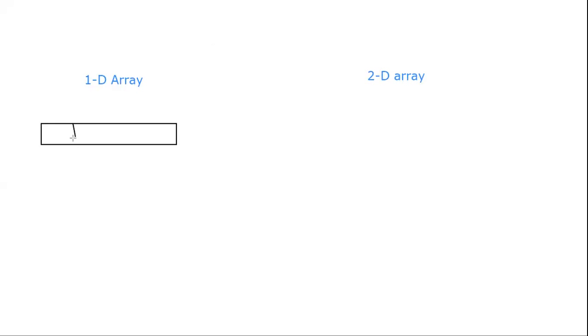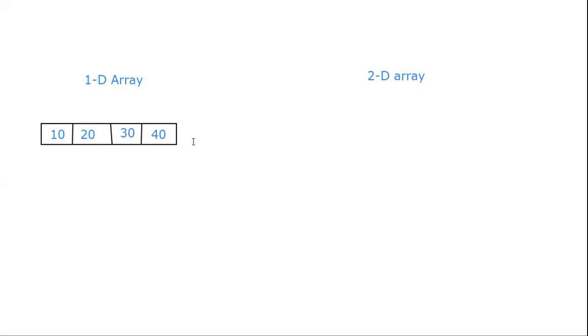Now this 1D array consists of, suppose, first element, second element, third element. Total how many elements? 4 elements. Now inside this one, I can store different values, like for example 10, then here 20, then here 30, and 40. Okay, 4 values.